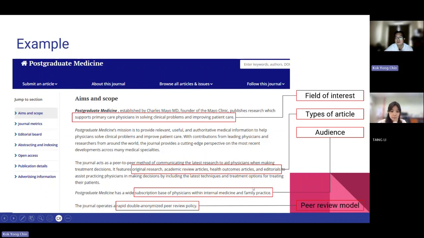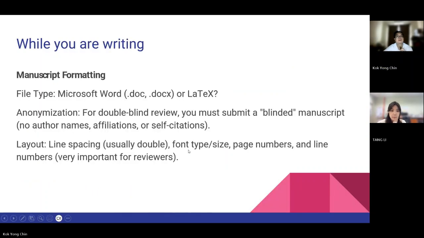When you are submitting, your manuscript should fall into this field, internal medicine or family practice. And it is a double-blinded peer review journal, meaning that the reviewer wouldn't know who you are, and you wouldn't know the reviewer, of course.